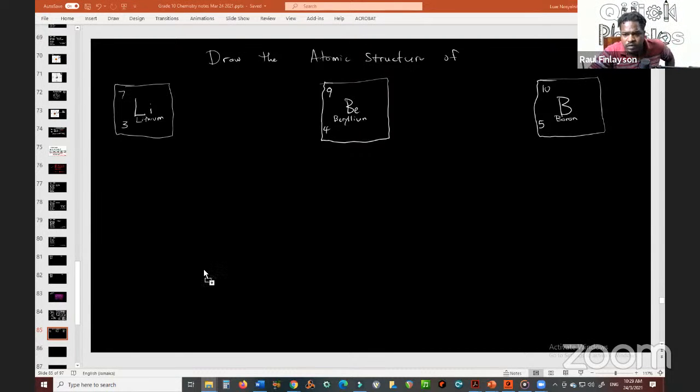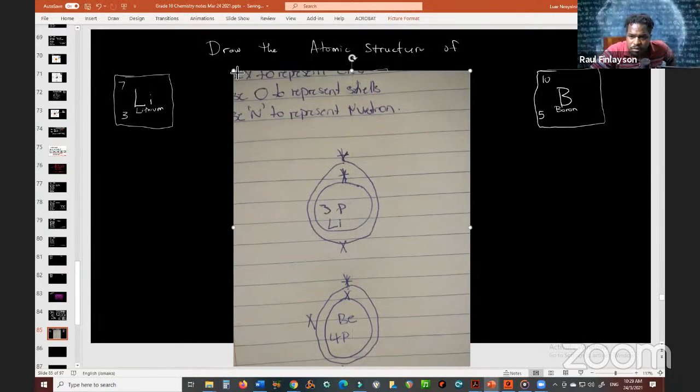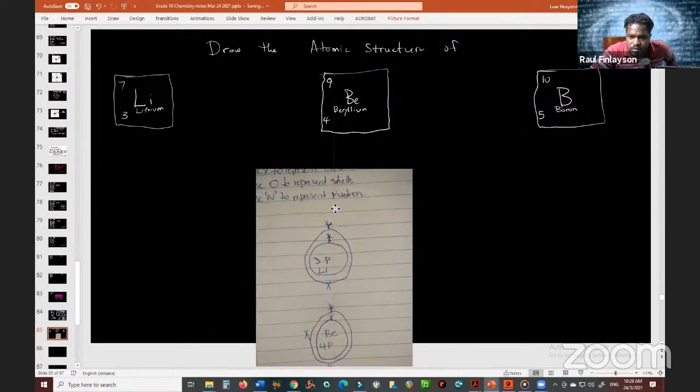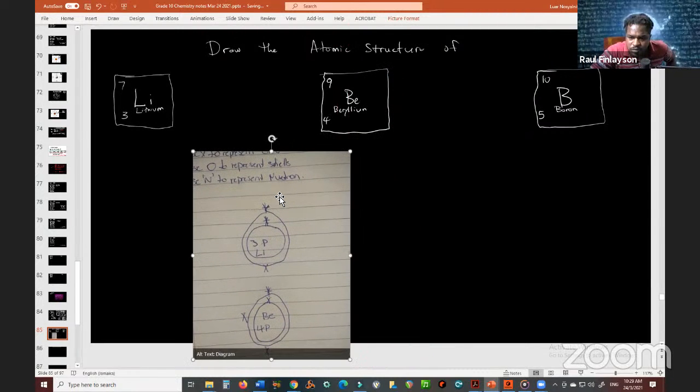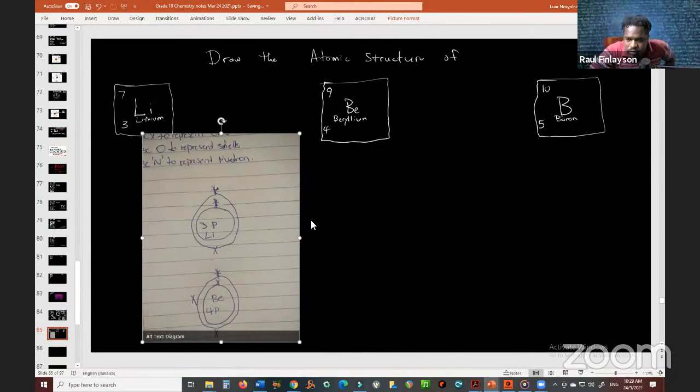Let's just see how it looks here. So this is your own, and this is lithium here. Okay, so I see the problem now.